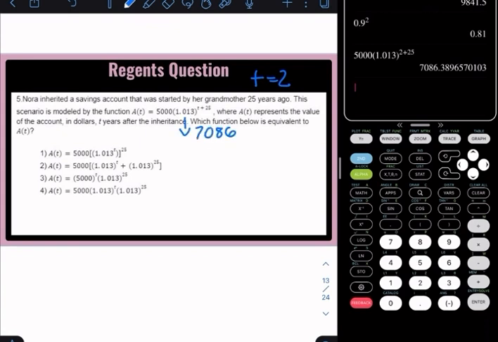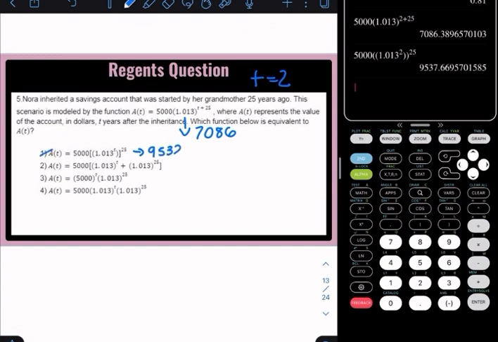7,086. All right, let's look at answer choice 1. 5,000, parentheses 1.013 raised to the t power, which is 2, raised to the 25th power. And that gives me 9,537. I don't like that, so not going to be the answer choice.